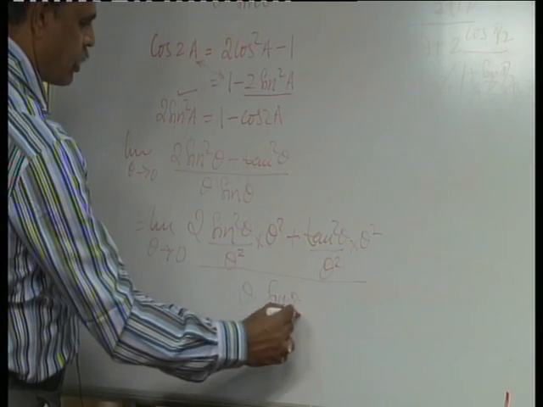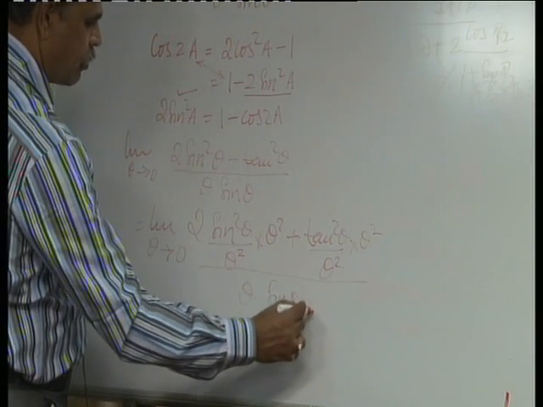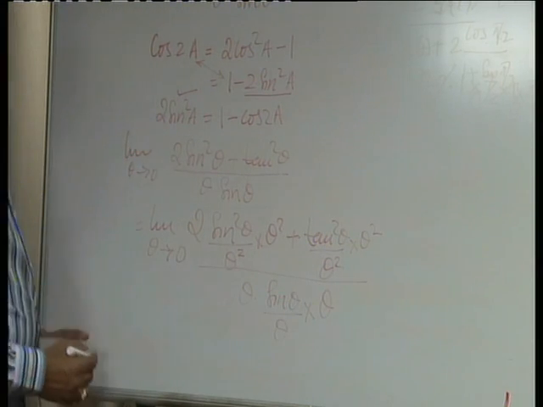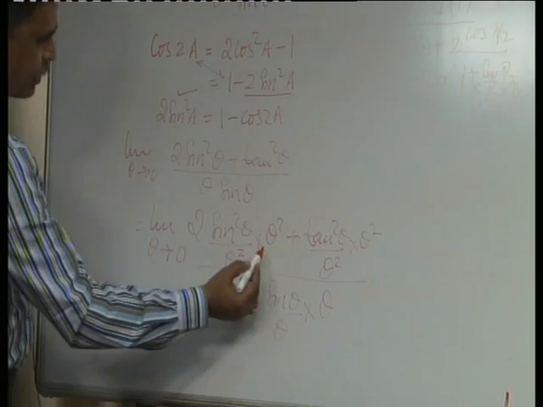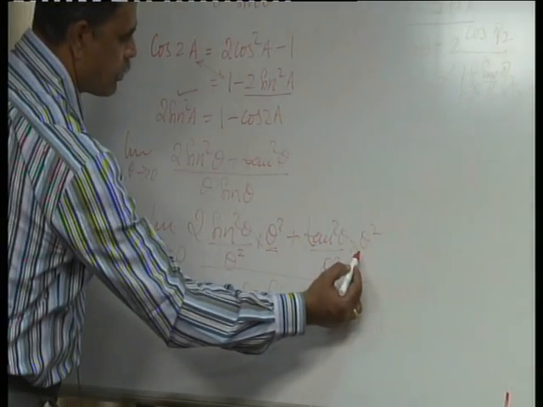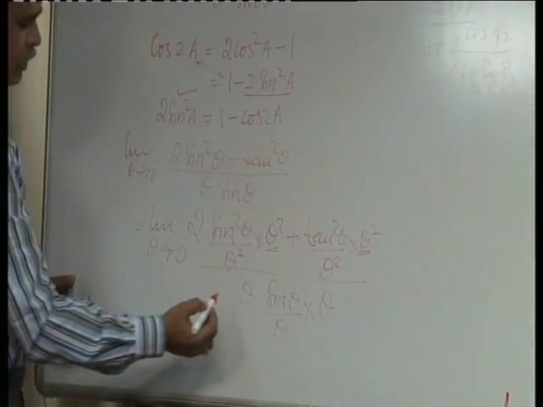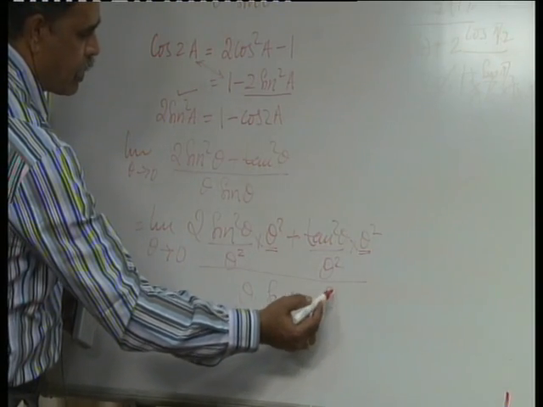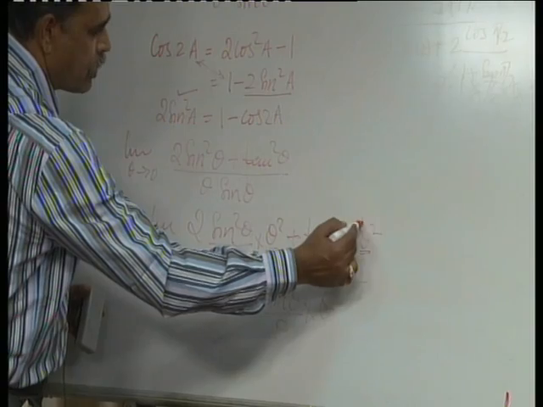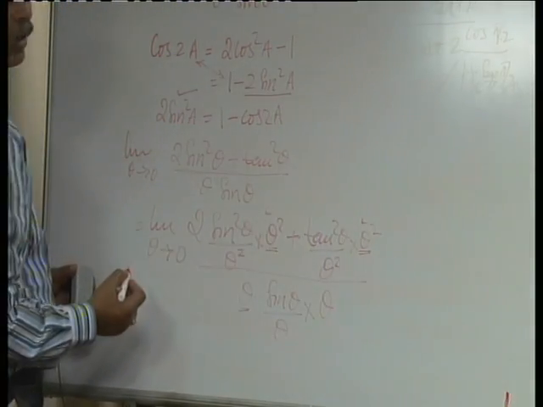For sin theta, you can multiply and divide it by theta. This is theta square, this is also theta square, this is theta into theta, it is also theta square. I can take theta square as common.